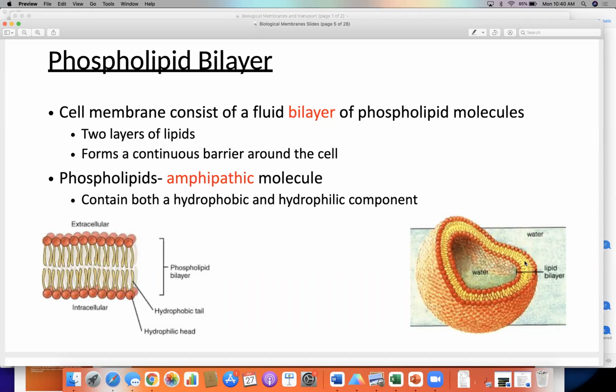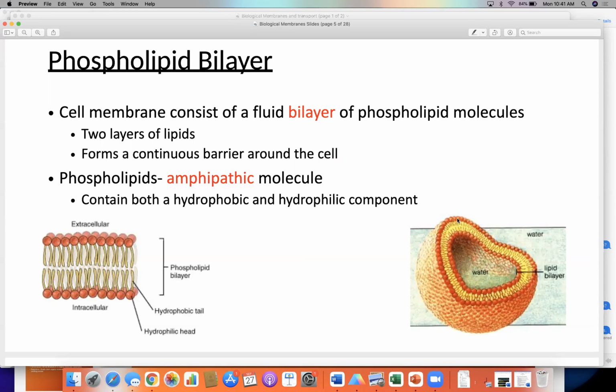So we're talking about two layers of phospholipids, right? This is a basic illustration of a phospholipid bilayer. We have a layer of phospholipids here, and then we have a layer of phospholipids here. These two layers of phospholipids form a continuous barrier around the cell.